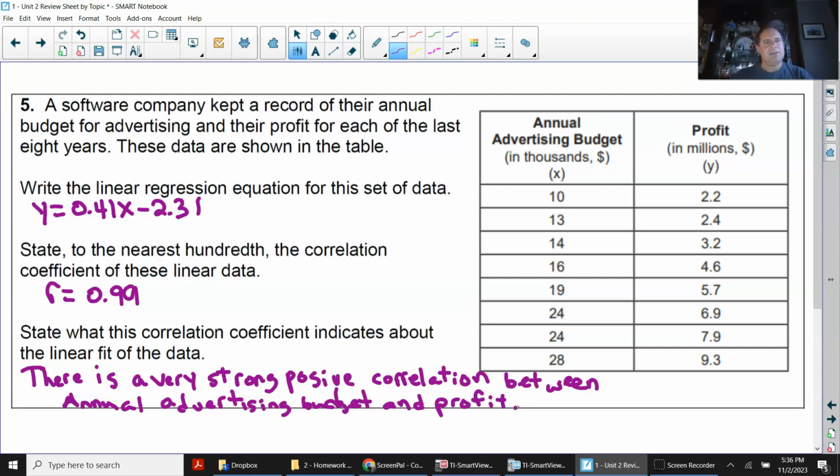Period. There is a very strong positive correlation, very strong. It's 0.99. And that is it.